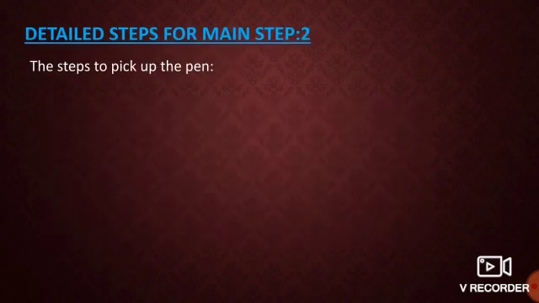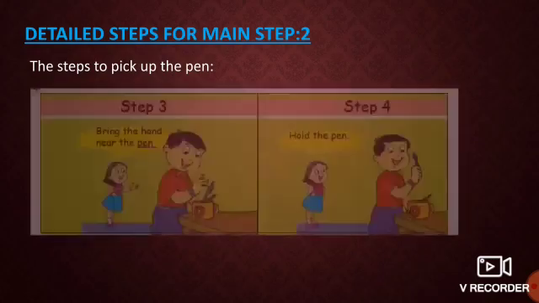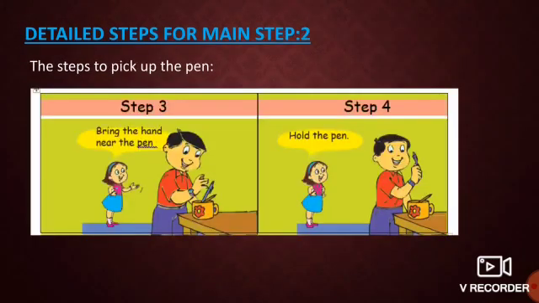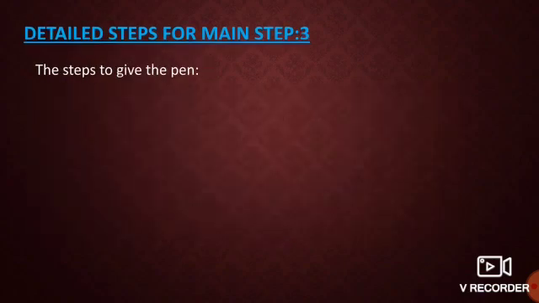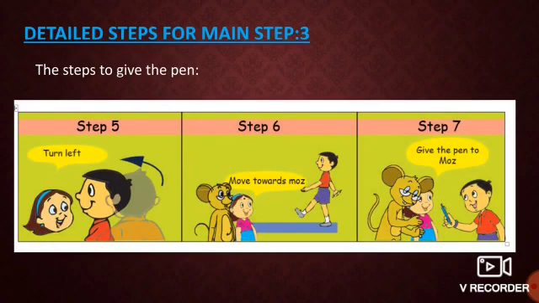For the second, the steps to pick up the pen: bring the hand near the pen, hold the pen. And the steps to give the pen: turn left, move towards me and give the pen. So these are the detailed steps.